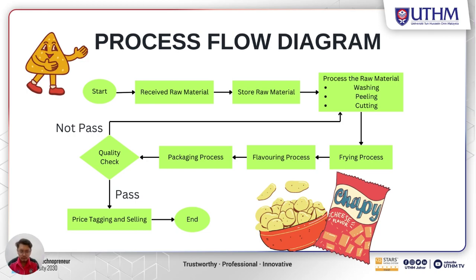If there are any defects on the packed product, the cycle will loop back to process the raw material again, and if there is no defect, it can be sold. That is all for the process flow of Saleh Food Industry to produce their product.